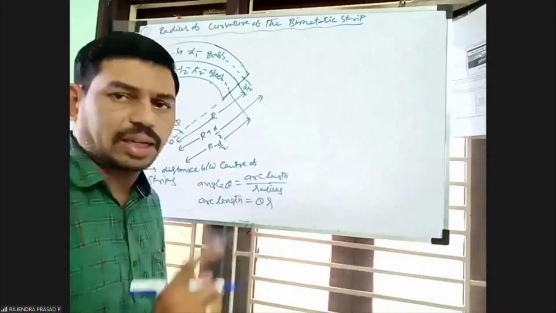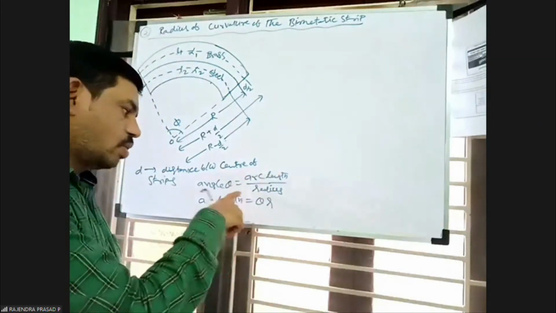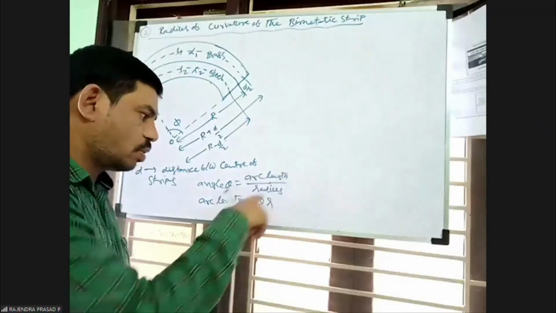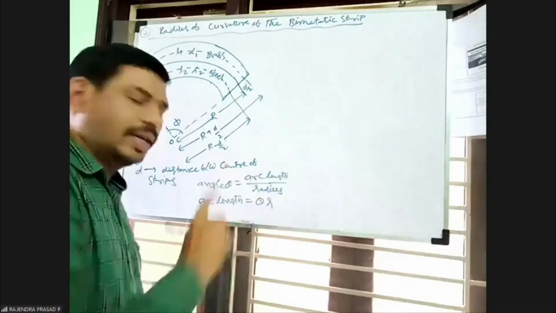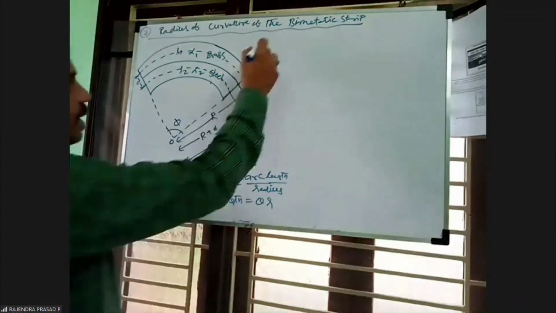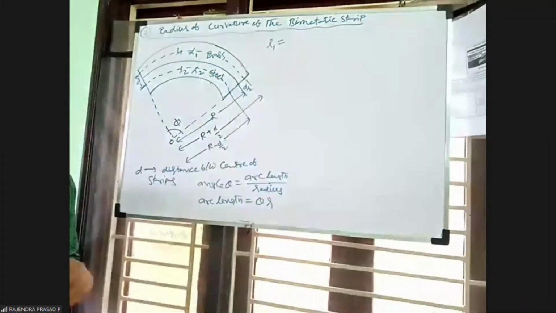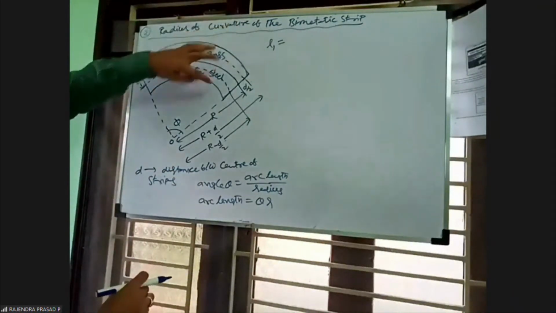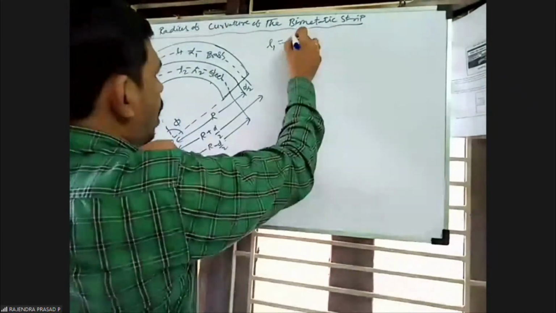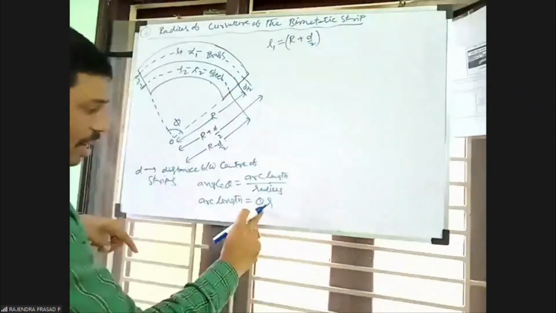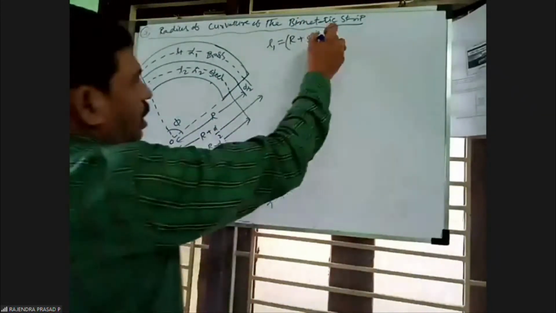First, the length L1 is calculated. L1 means the first rod: R plus D by 2 is the radius, and the length is radius into theta, where theta is the angle.